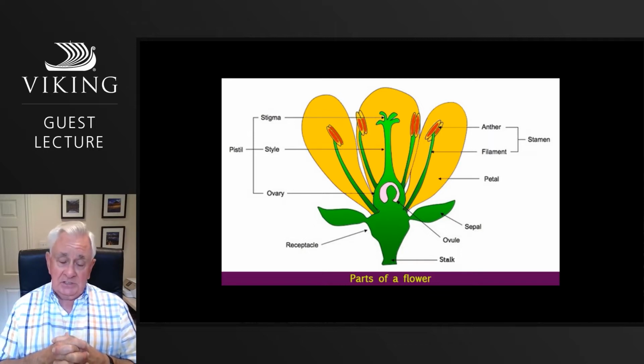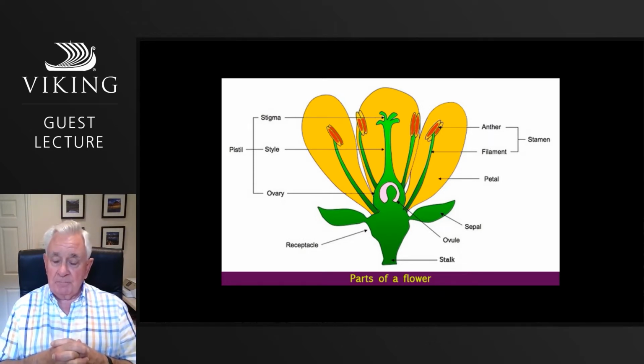And Linnaeus' system is very simple. You count the number of petals, you count the number of stamens, you count the number of sepals, and these are characteristic for particular families of plants. It's actually a very simple system. So you recognise plants by the flower, not by the foliage.